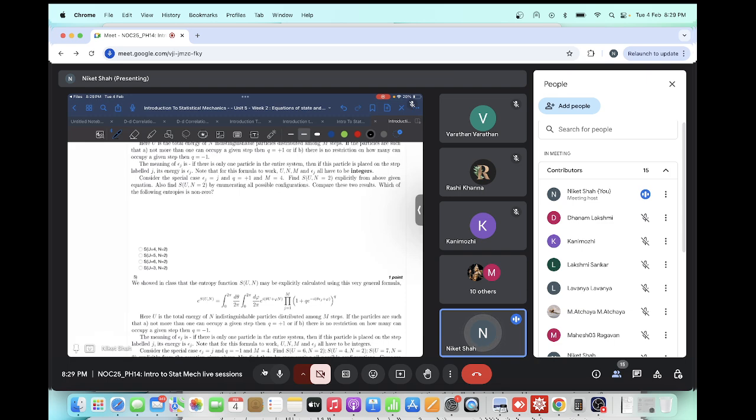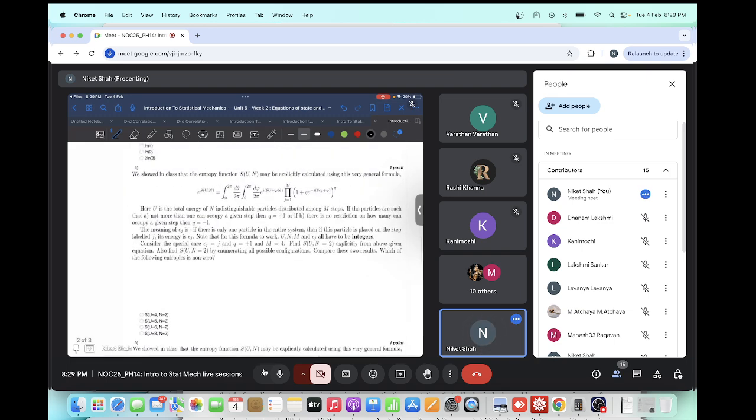So firstly, let's do it by enumerating all the possibilities. Okay, let me copy the question first so that we can solve it there.